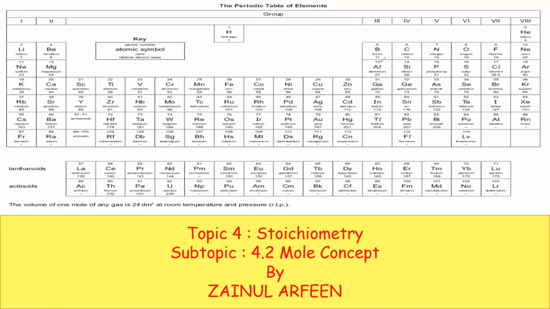Aluminium is group 3, which is plus 3, and chlorine group 7, minus 1. The two valencies are not the same. So we cross multiply after simplifying. So it will be Al1, where we don't write the 1, and Cl3. So the formula of aluminium chloride will be AlCl3.